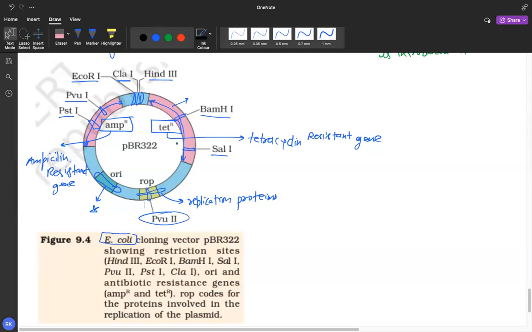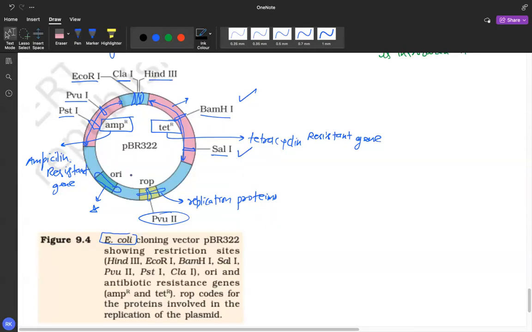Now, how can you use it? Suppose I want to insert a gene. I can insert my gene anywhere, wherever these sites are. If I'm using BamHI, I will insert my gene of interest within the tetracycline resistant gene. If I use BamHI or SalI, what is going to happen?